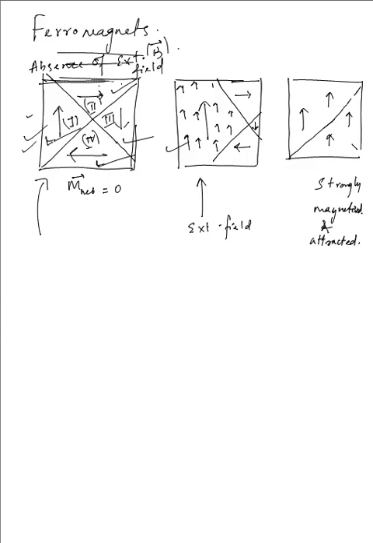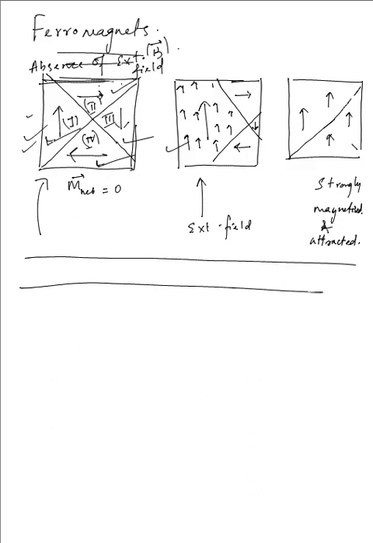To speak of the difference, we can tabulate the differences, which will be a better way of understanding them. So we have the diamagnets, the paramagnets, and the ferromagnets.